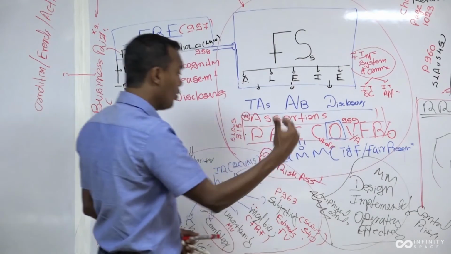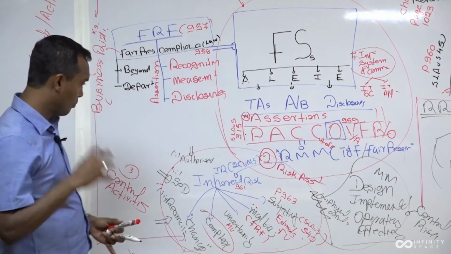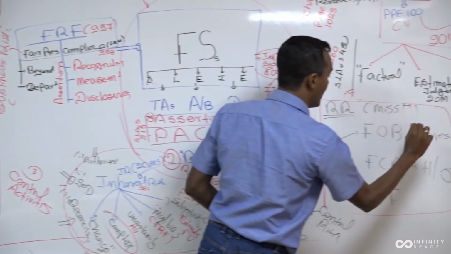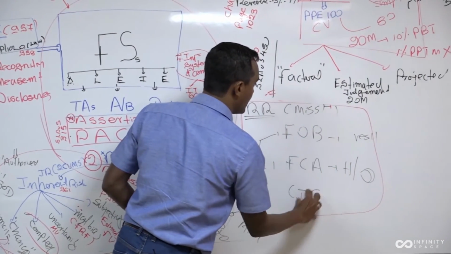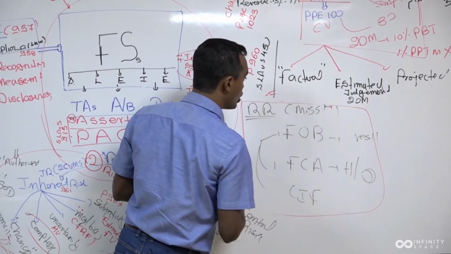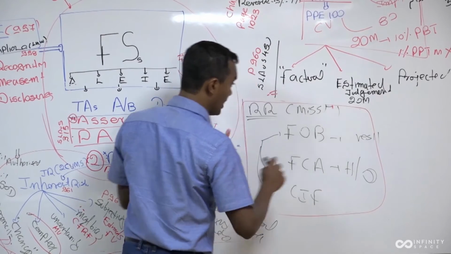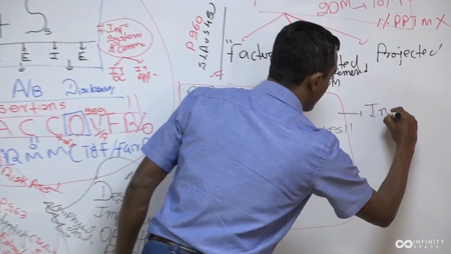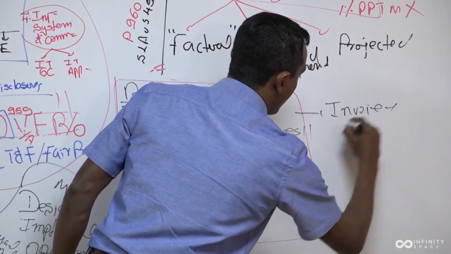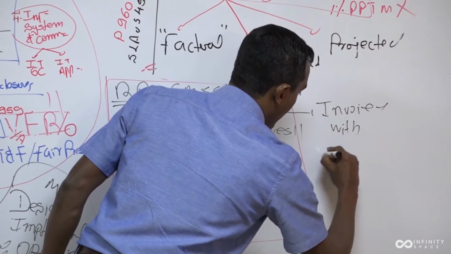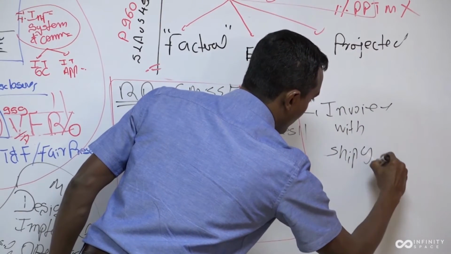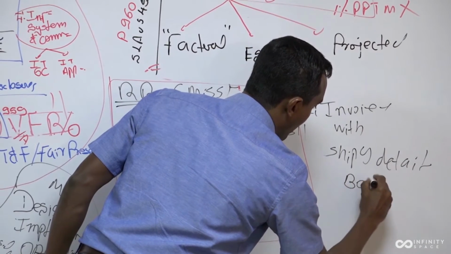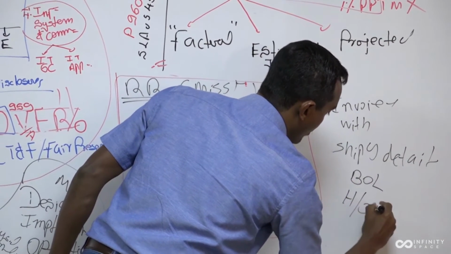So now let's forget that door example and take my revenue recognition example. Earlier I said this company's revenue recognition is tough, therefore there should be a reconciliation. What is the reconciliation? We have to compare two things, the invoice with the shipping details. Shipping details have the bill of lading number and the handover number to the forwarder.